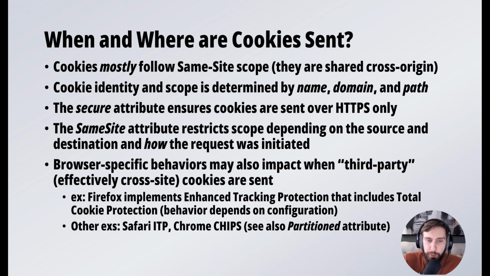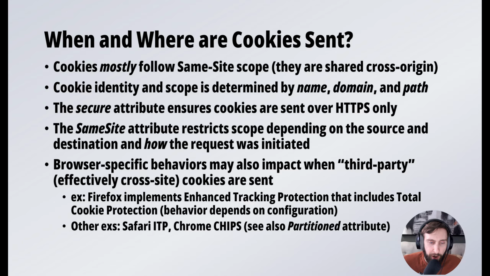The SameSite attribute, which we haven't really talked about yet, restricts scope depending on the source and destination and how the request was initiated. And there might also be browser-specific behaviors that impact what are known as third-party cookies, which are effectively cross-site. But third-party and cross-site are not perfectly aligned. But yeah, there are certain browser features that restrict third-party cookies in certain situations.